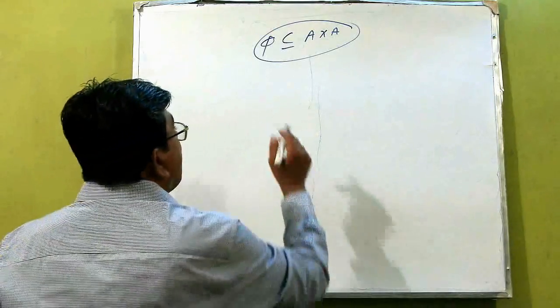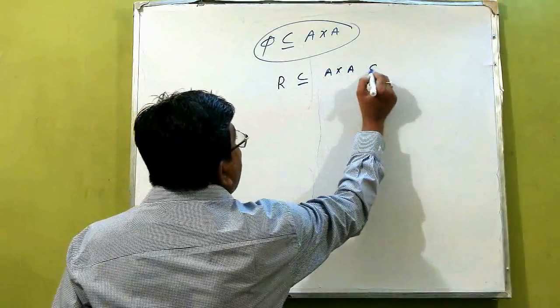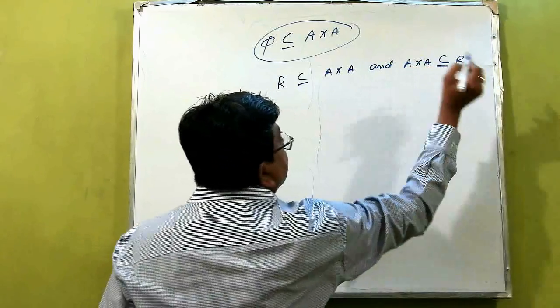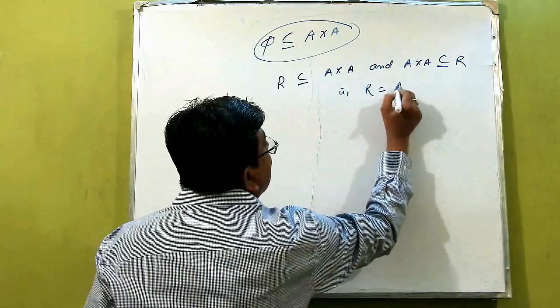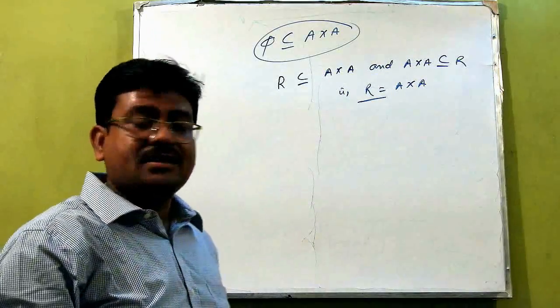In this case, R is a subset of A cross A and A cross A is a subset of R, that is, R is equal to A cross A. In this case, R is called the universal relation.